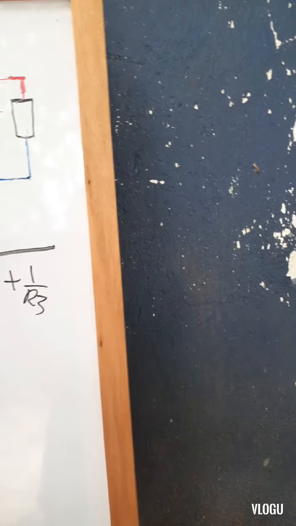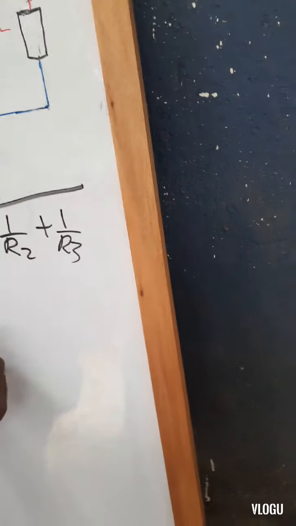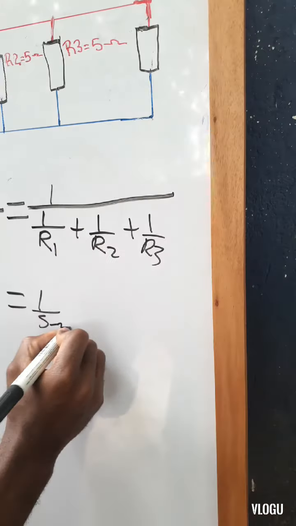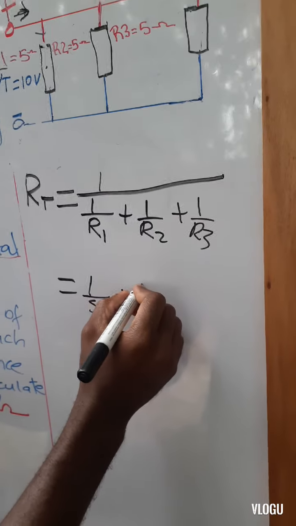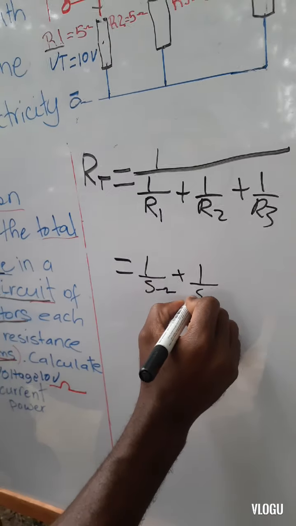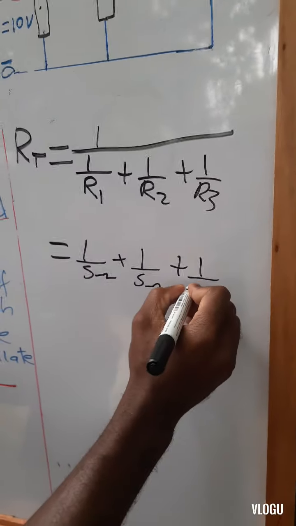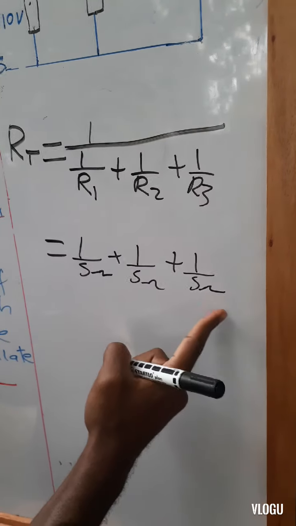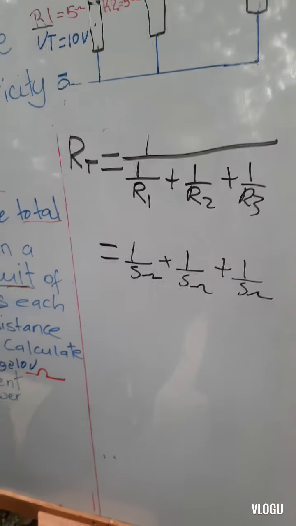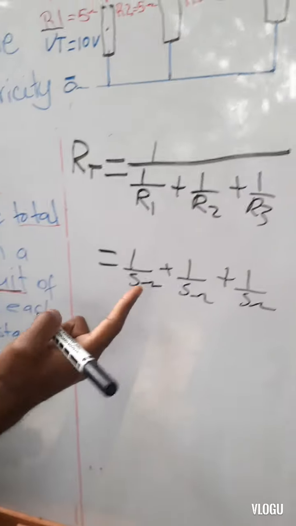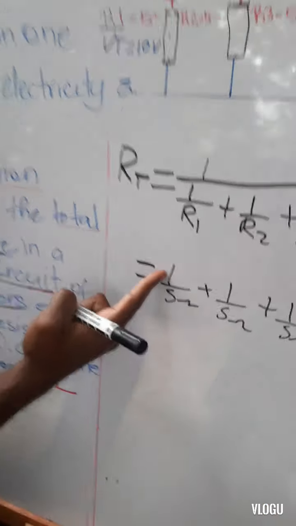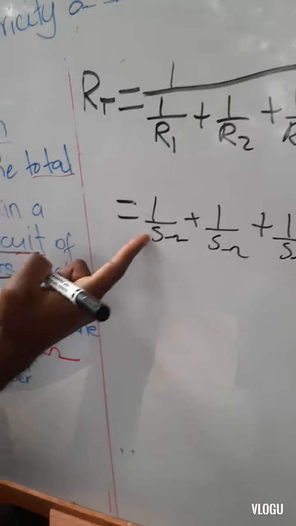All right, so here we go. It is equal to 1 over 5 ohms, plus 1 over 5 ohms again, plus 1 over 5 ohms, because all of them are rated at 5 ohms. What we're going to do is divide the 1 by the 5 for all of them.